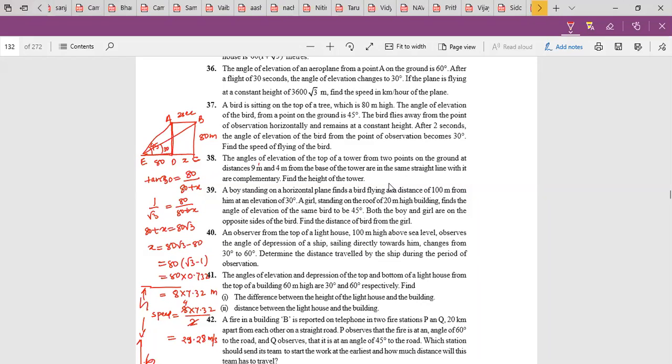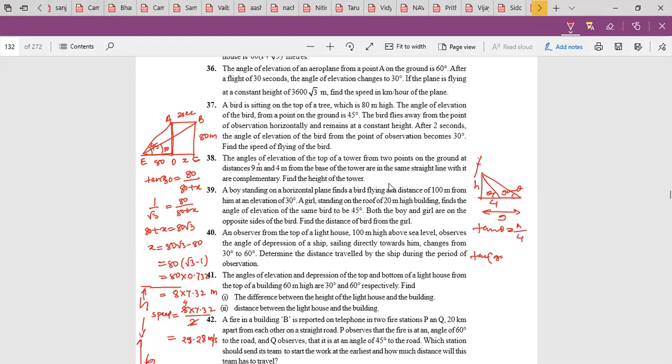38th one, how do you know which are the complementary angles? This is a one marker question. This is theta and this is 90 minus theta. This is h, this is 4, this is 9. Tan theta is equal to h by 4.